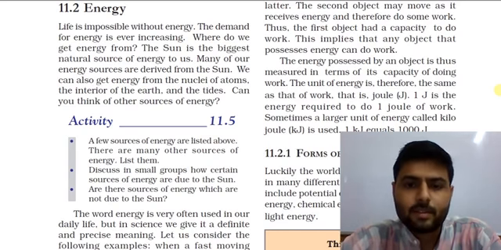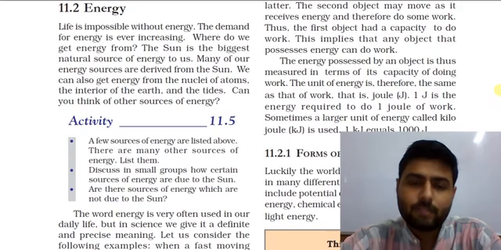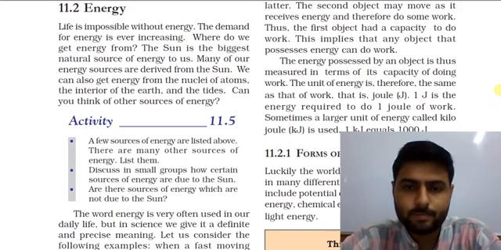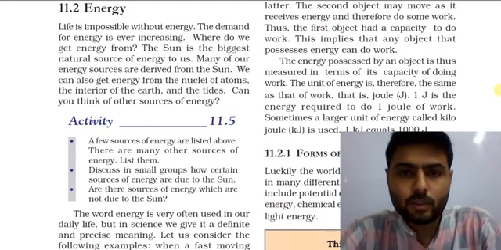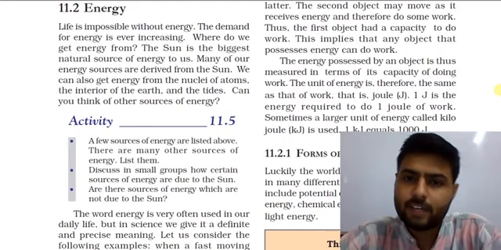After that, we have seen the SI unit of energy, that is the same as the SI unit of work, that is joule. We also saw that the unit joule is a smaller unit. In real life, we use kilojoule as a larger unit of energy.